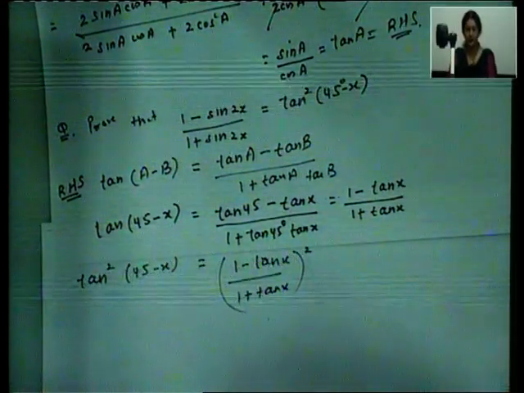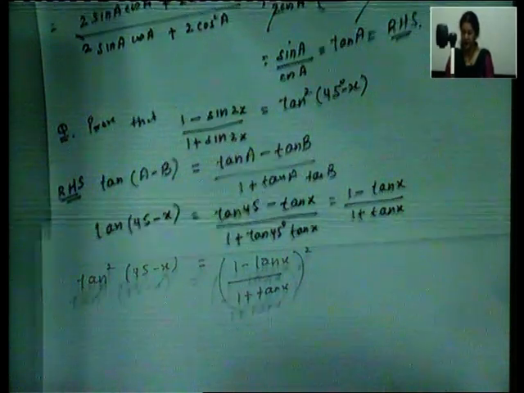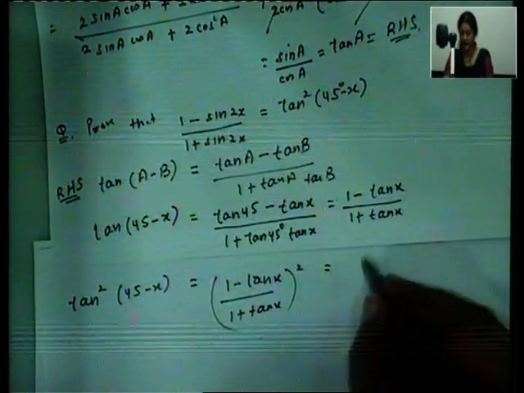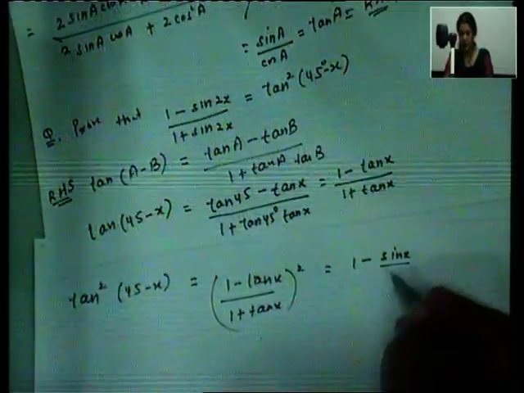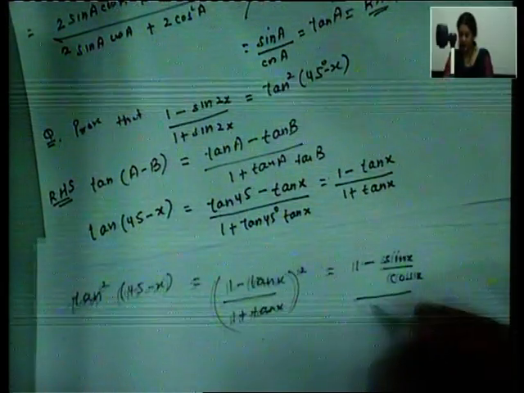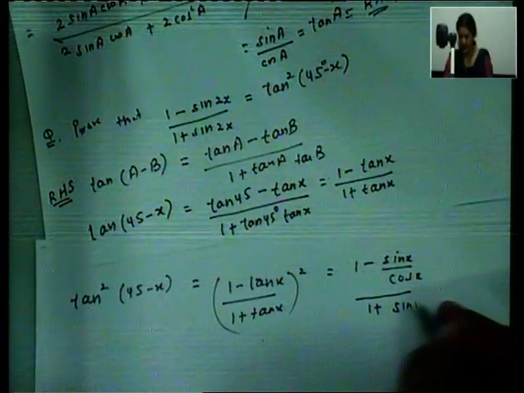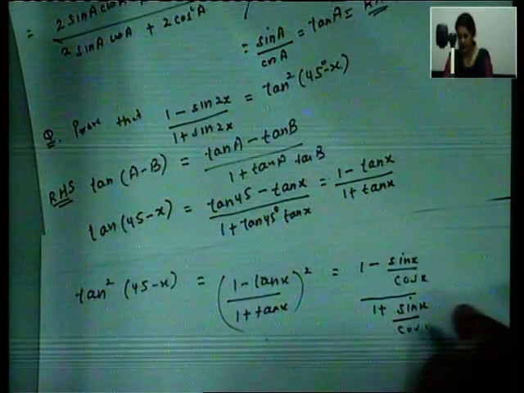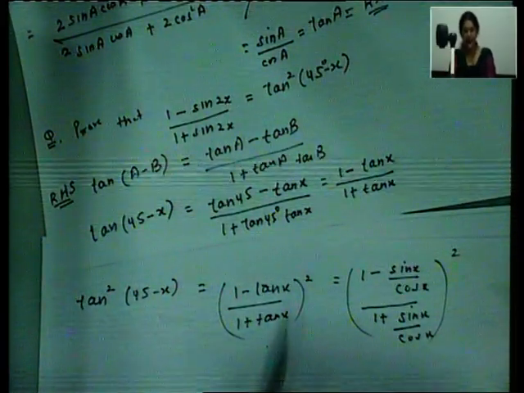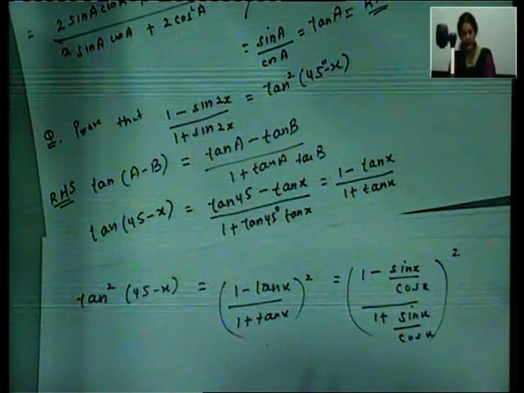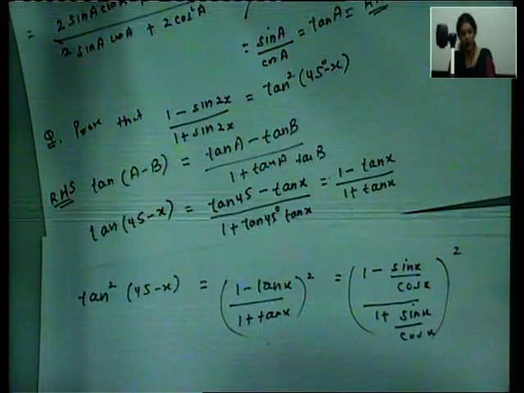Now again I write tan x as sin x upon cos x: (1 minus sin x upon cos x) upon (1 plus sin x upon cos x), and then whole square. I have written tan x as sin x upon cos x in the numerator as well as in the denominator.